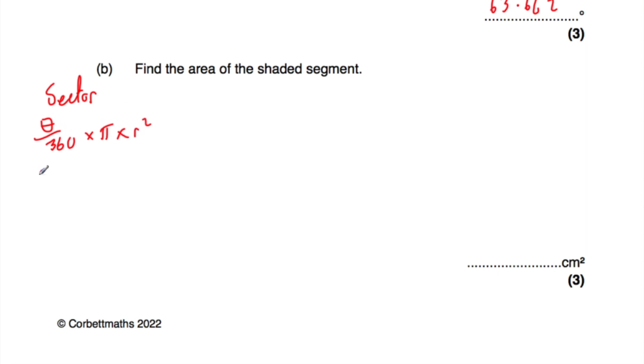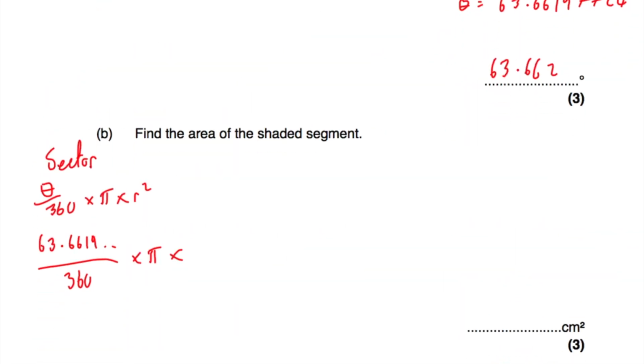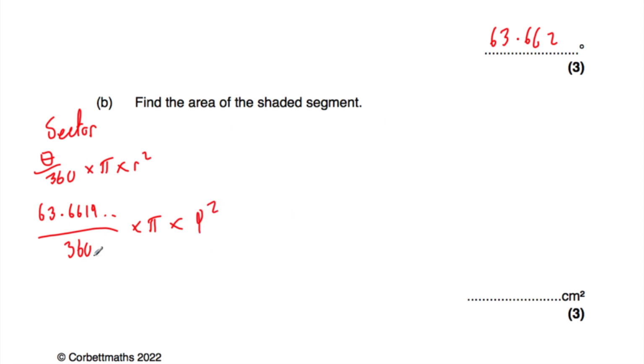So that's going to be 63.6619 and so on, divided by 360, multiplied by pi multiplied by the radius of the circle squared. So that's going to be 9 squared. Now I'm going to use my letter A, so recall A, divided by 360 multiplied by pi multiplied by 9 squared.